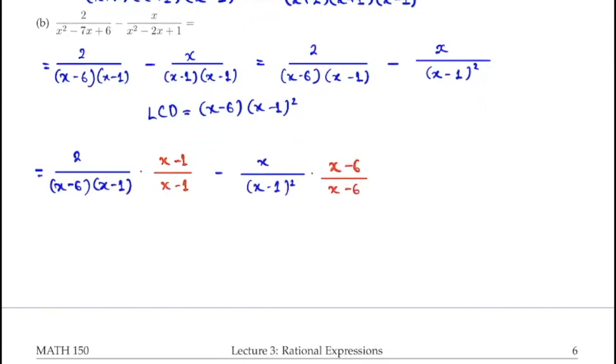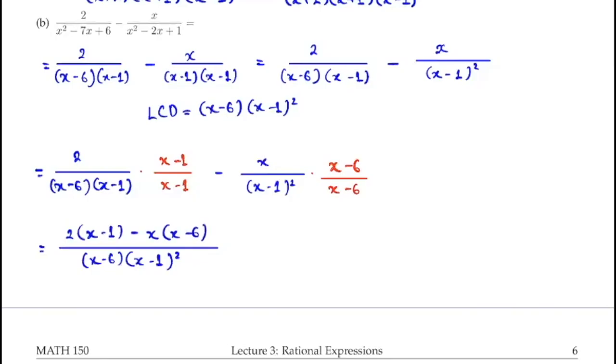So you multiply the top and bottom by x minus 6. All right. So now the denominator is the same. We just combine the numerators together. So you have (x minus 6) times (x minus 1) squared. And the numerator is 2 times (x minus 1) minus x times (x minus 6).